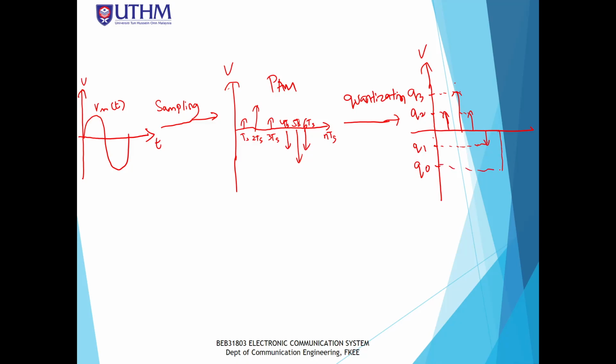Sample number 5, I round up to Q0. And sample number 6, I round up to Q1. Okay, so you can say that, for example, Q0 is minus 4 volt, then minus 2 volt, 2 volt and 4 volt here, for example. So the quantized level is in the form of a voltage level.